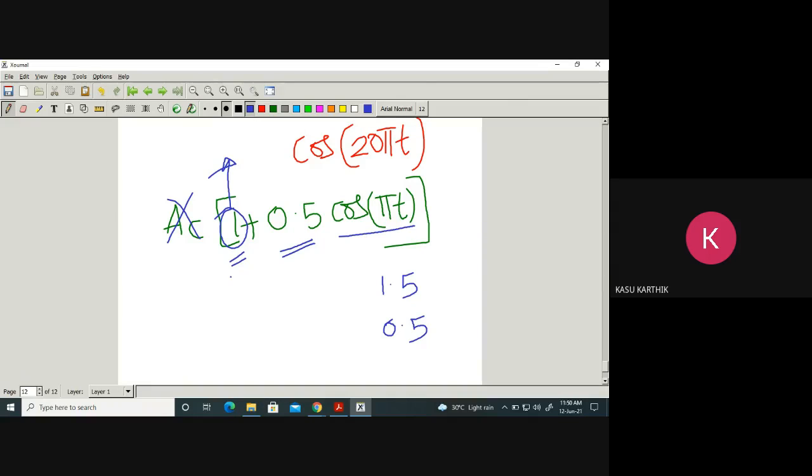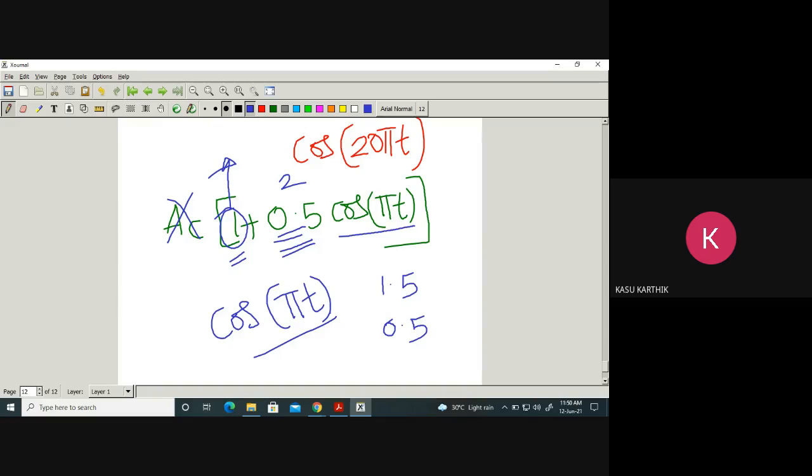What will happen? This will be removed. The only thing is you get 0.5 cos pi t. Just do amplification with a gain of 2. Then what do you get finally? Cos pi t. What is cos pi t? Your message signal. So that is the demodulation.